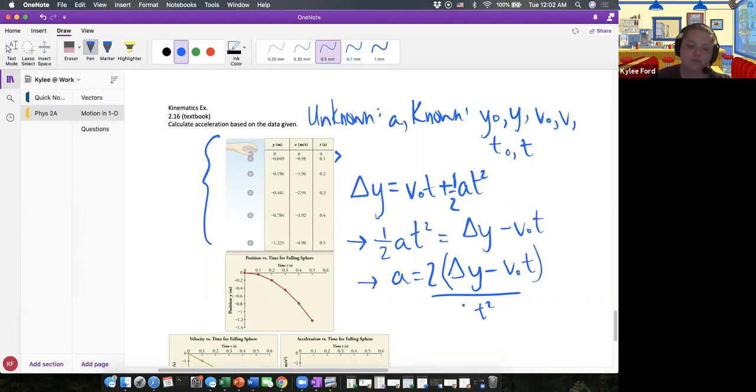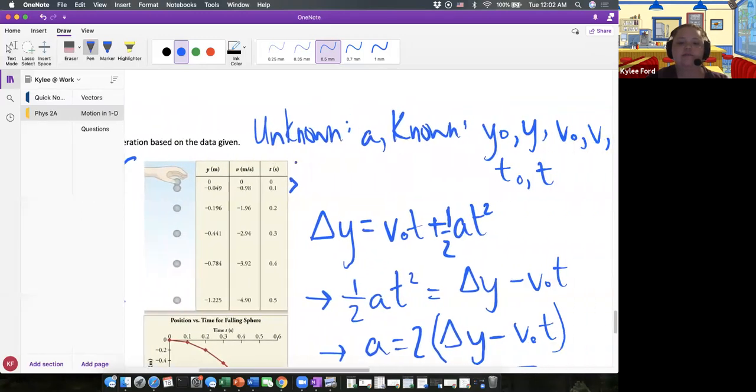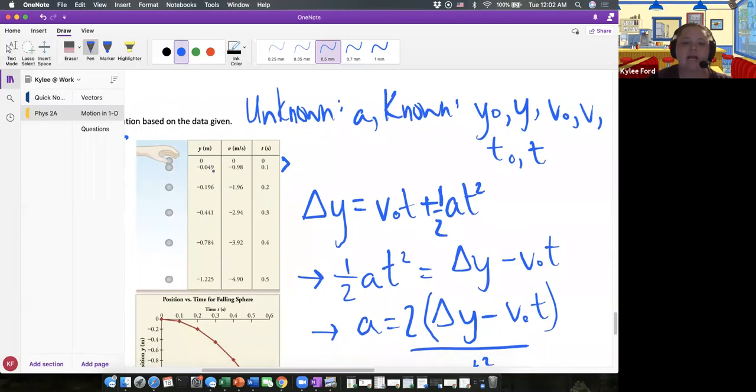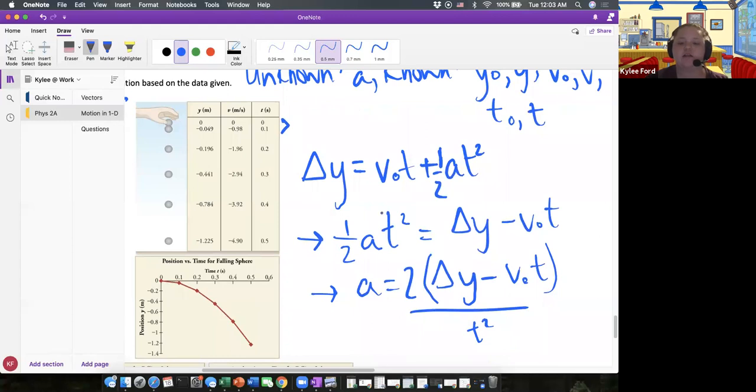Now looking at my values here, hopefully you can read them. I see my initial values for everything are 0. So my v naught is 0, so that crosses out automatically.